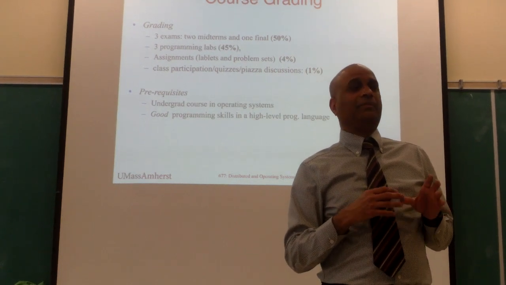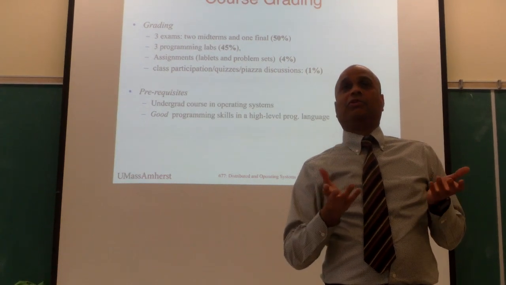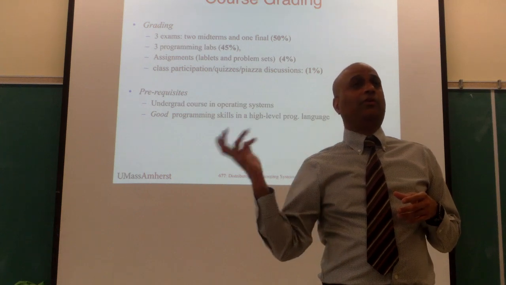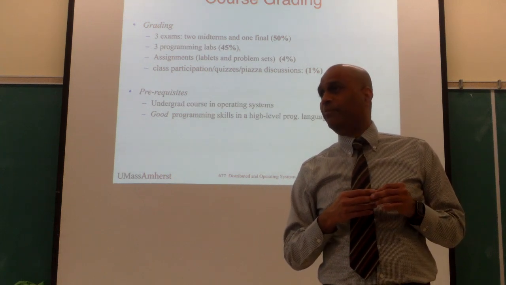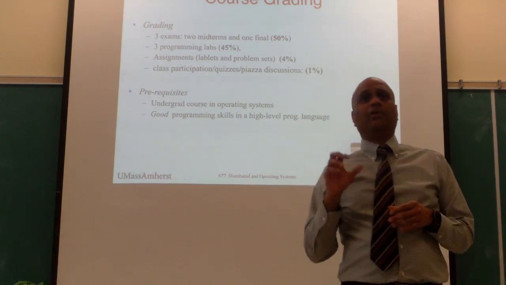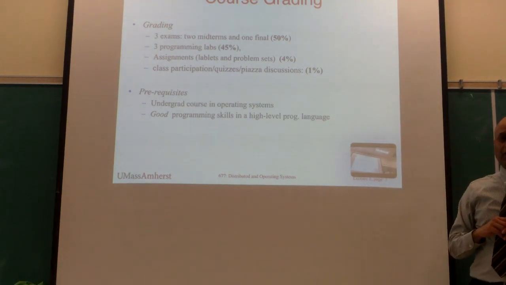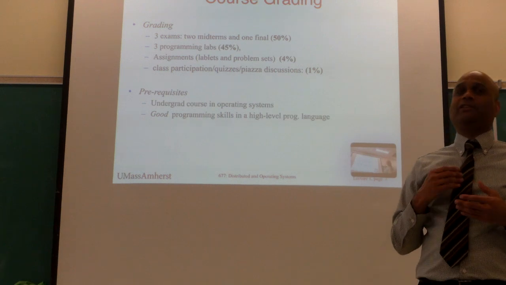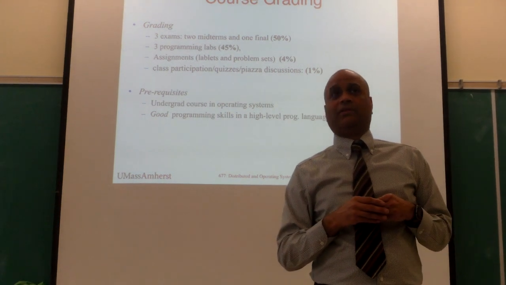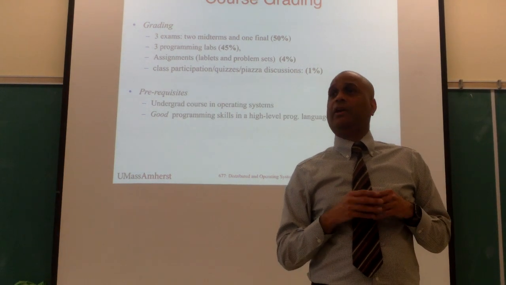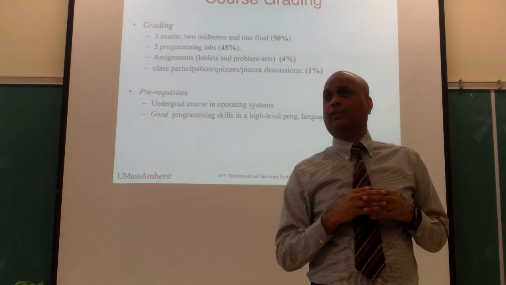Lablets are not real labs, they are really tutorials where you just learn about a topic that you're going to use to actually program a lab. So it's background for a lab, so there are small homeworks that you have to do and some problems. And then 1% for class participation, participating on Piazza and so on. Any questions on this so far?